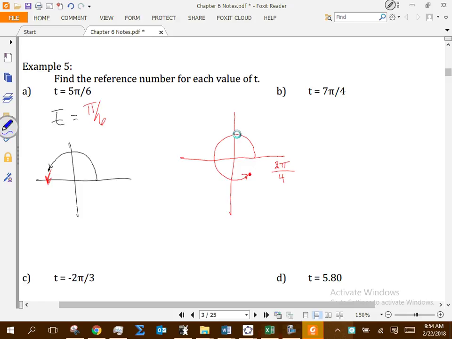How much further do you have to go to get your point back up to the x-axis? Pi over 4. All right, so what we're going to do tomorrow is look, I can find that reference point as pi over 6. That is going to tell me the ordered pair for 5 pi over 6. Then I just have to address the plus or minus.